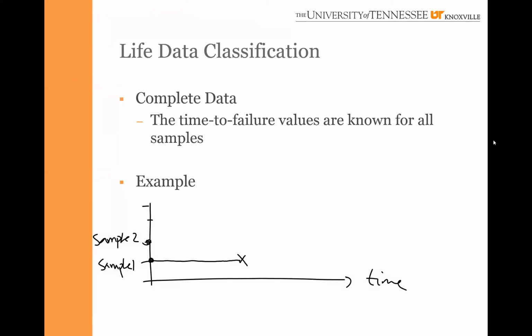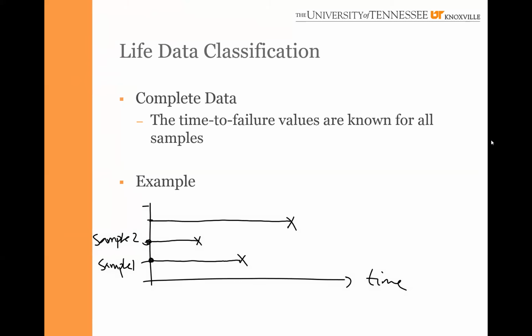I start my second component to run, like let's say I'm testing, until it fails. The third component runs until it fails, right? Now I have complete data. I know exactly how long it takes for them to fail, for the motor, for a washer, for anything, right? Okay. But we are not always that lucky.